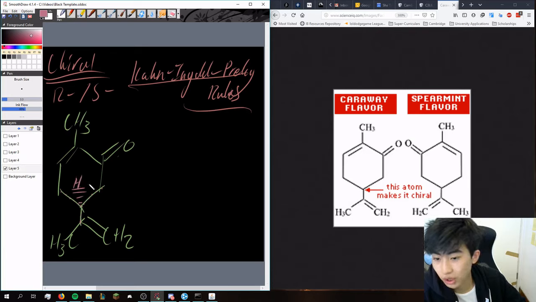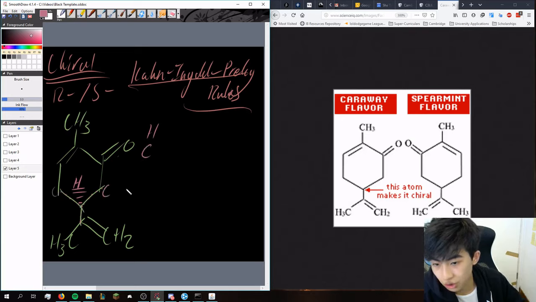Now this is actually quite convenient for us, because in order to use the Cahn-Ingold-Prelog rules, the first thing we have to do is order the different strands going off of it in terms of molar mass, and the way we do that is by atom from each branch. So let's take the first branch, this one, the hydrogen right here. This one on the left goes to another carbon, so we would have carbon for this one.